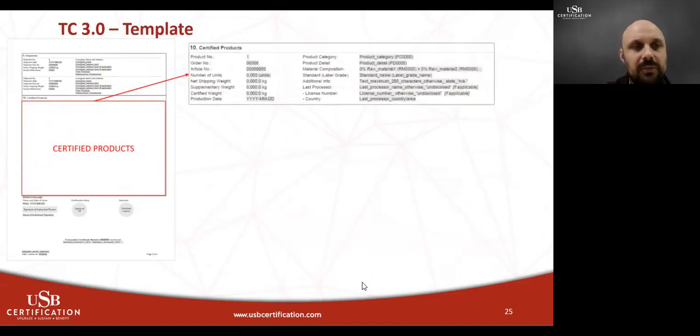We come to the certified products part. You see the same sequential number that we assign. 1, 2, 3, just designated by the certification body. There's the order number. It can be the purchase order number, invoice number, any kind of number that you differentiate that purchase, that sale by, will come over here.